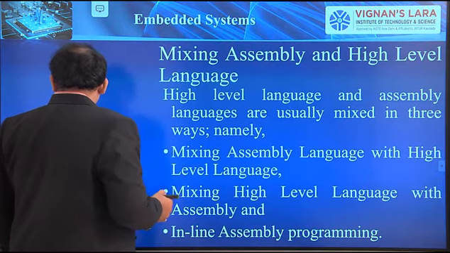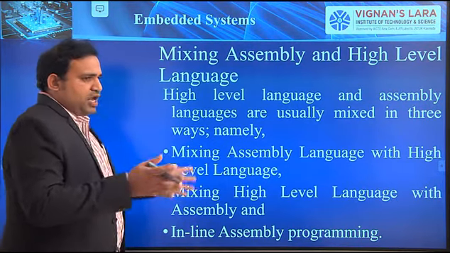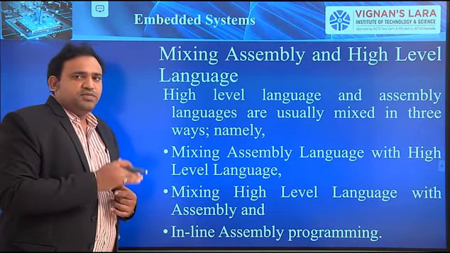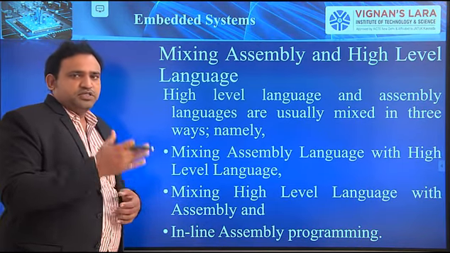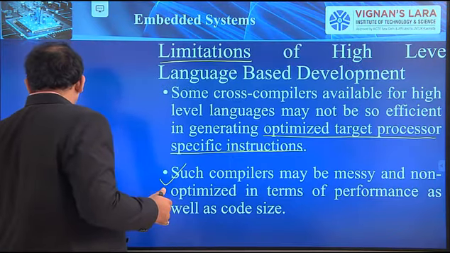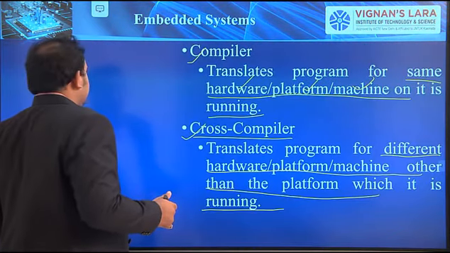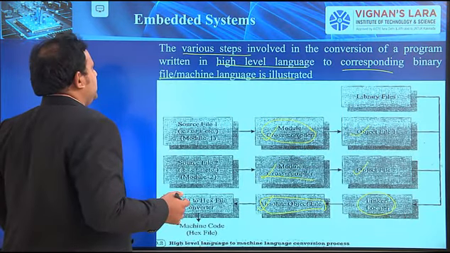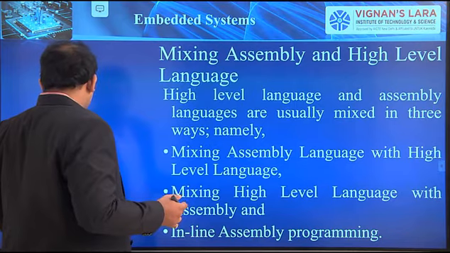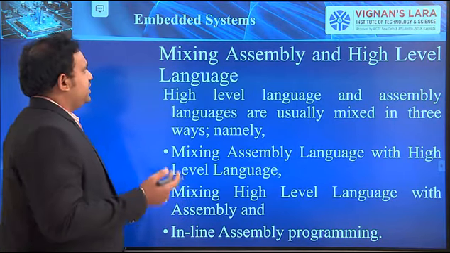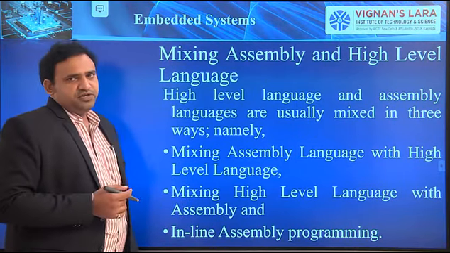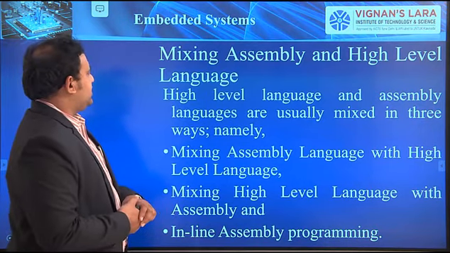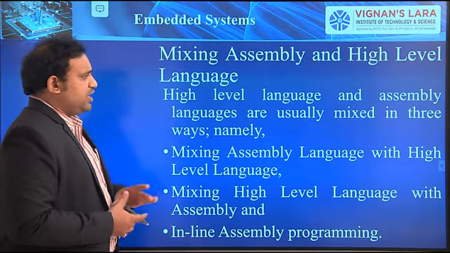Next, we have completed the language discussion with respect to embedded firmware development approaches. First one is assembly language based development. Second one is high level language based development, which we have completed. Third one is a combination, that is mixing assembly and high level language. High level language and assembly languages are usually mixed in three ways.